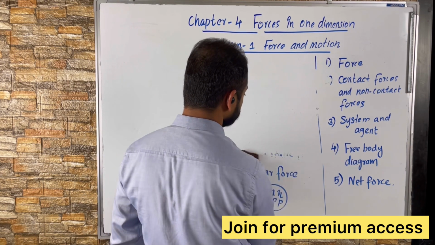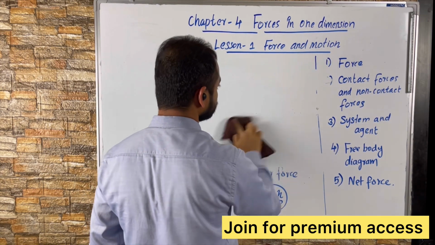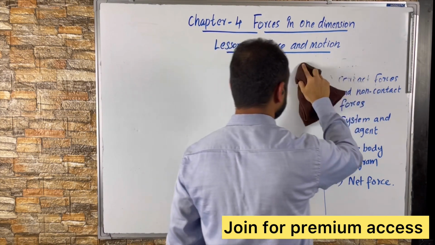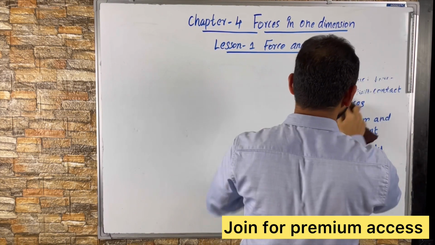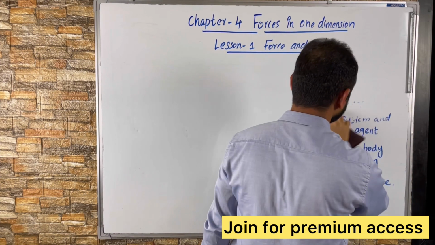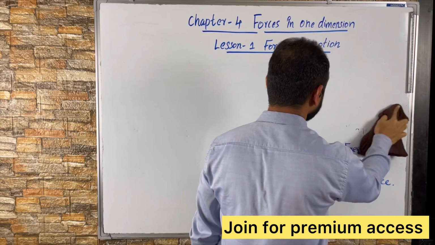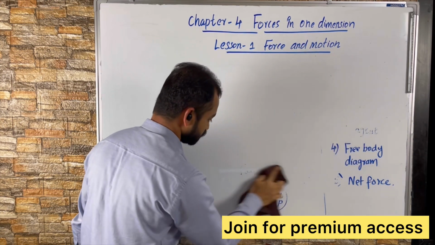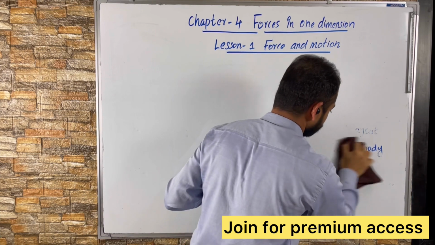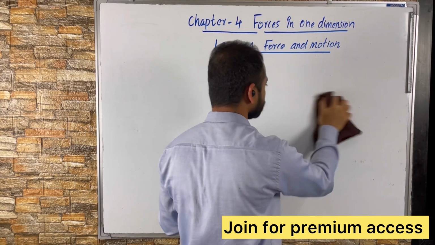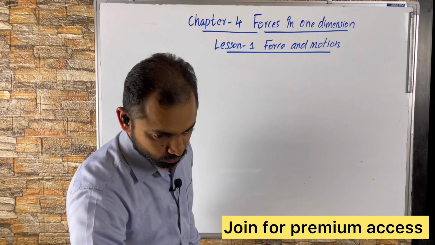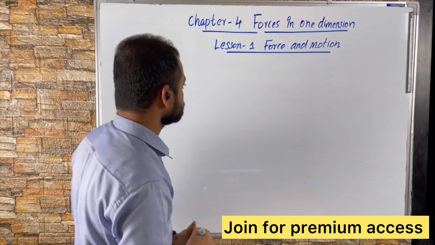Can you tell any object that is on the table? There is a notebook, right? Can you take that notebook? Just lift it. So you are applying a force on that notebook, and the notebook is experiencing the force, correct?